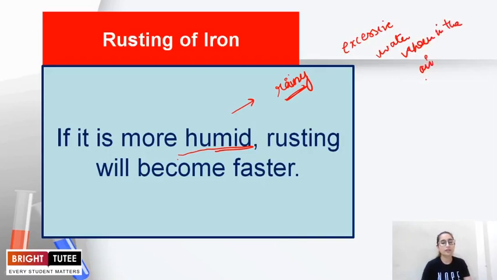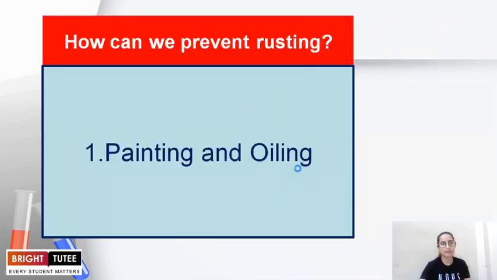As we already know, water vapor is an essential factor responsible for rusting. So when water vapor is present in ample amount, it will increase the rate of rusting because water vapor assists rusting. So yes, if it is more humid, rusting becomes faster, right?